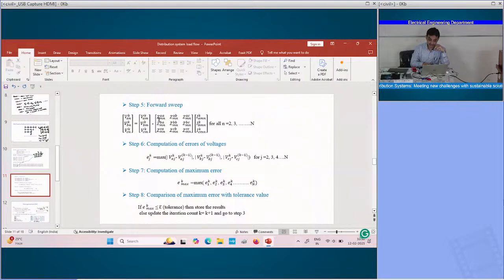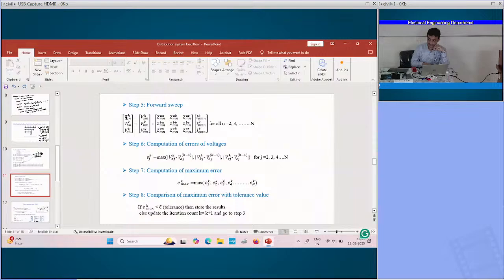This impedance value may keep changing for a three-phase scenario. If the impedance has been calculated earlier, then we can calculate the mismatch voltage between the kth iteration and the (k minus 1)th iteration.